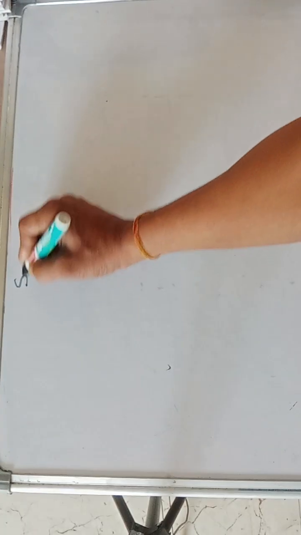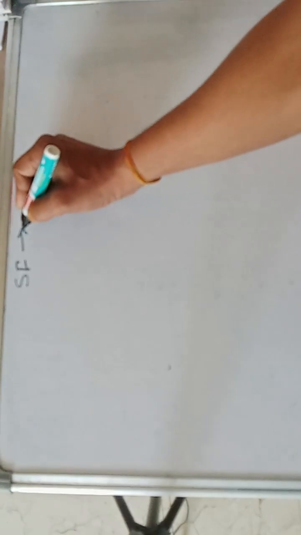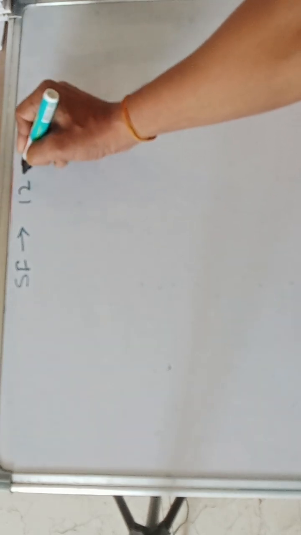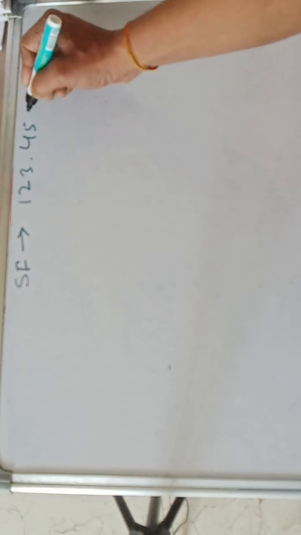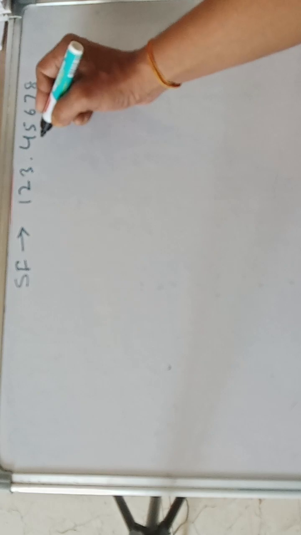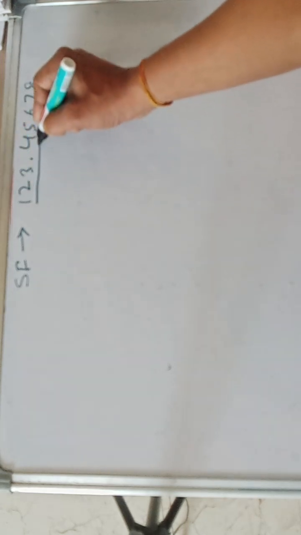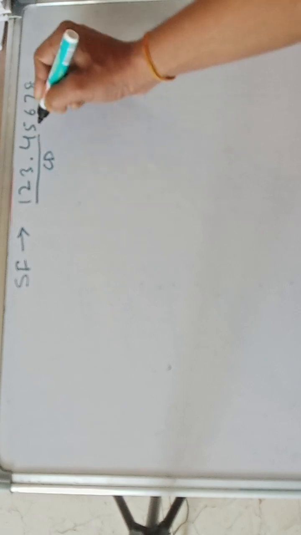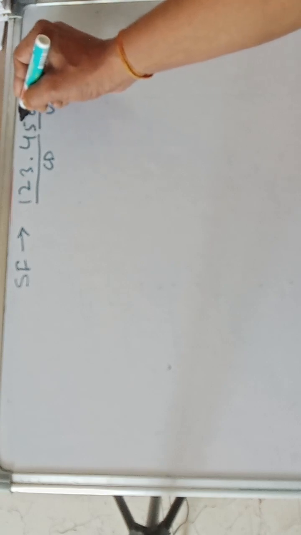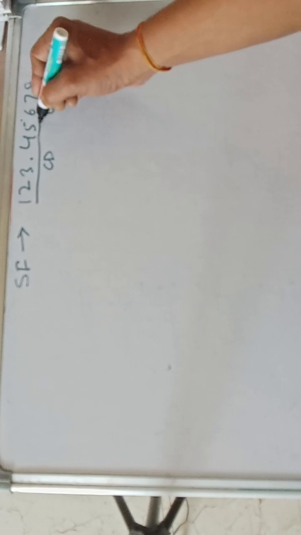Now we had significant figures, which constitute the number of digits in the number, let's say 1, 2, 3, 4, 5, 6, 7, 8. Suppose we have certain digits and these are uncertain digits.